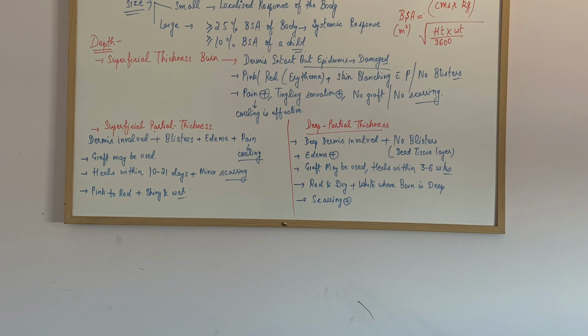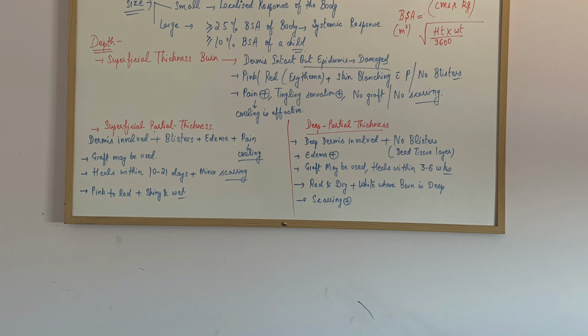Okay, now let's move on to deep partial thickness burn. In deep partial thickness burn, the injury goes further deep into the dermis. It will involve the epidermis plus a deeper area of the dermis.